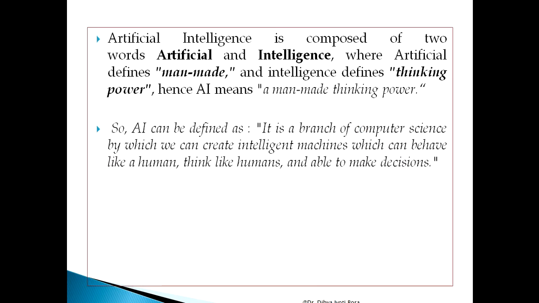Now you see that this term artificial intelligence is composed of two words. One is artificial and the other is intelligence. Artificial defines man-made, and intelligence defines thinking power, the ability of thinking. So we can define AI as a man-made thinking power. And you all know that because of the thinking power, we are human.